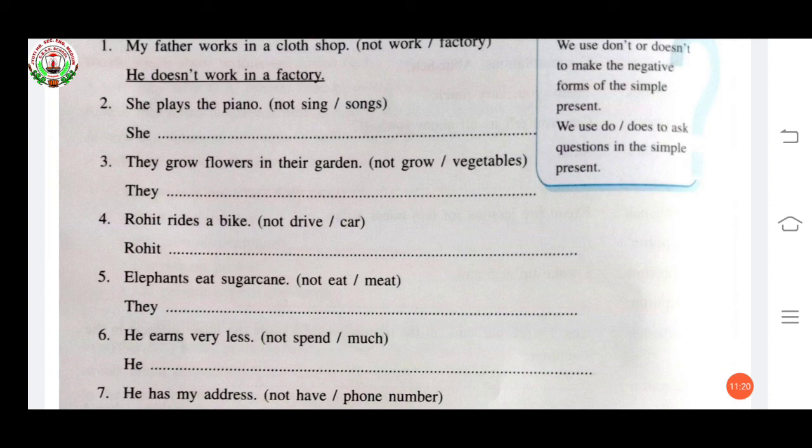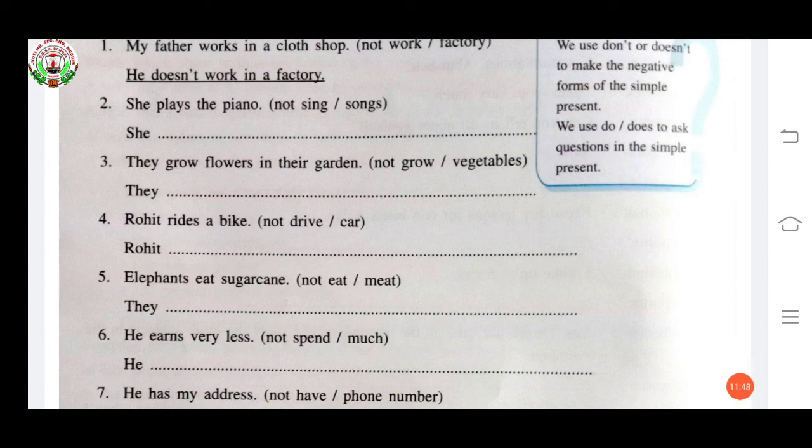Next, elephants eat sugarcane, not eat meat. Now elephants is given, so they is given here. They is used for plural. Again I am telling you, with plural we have to use don't. They don't eat meat.